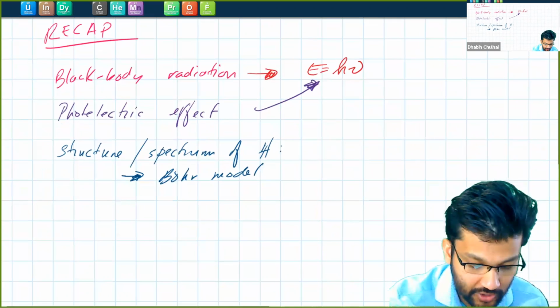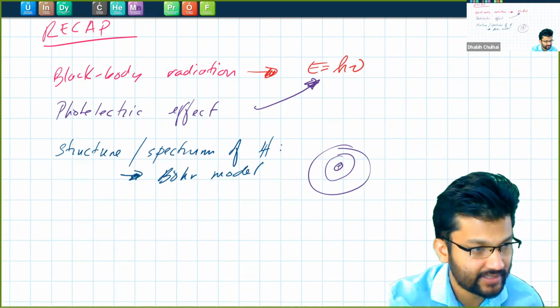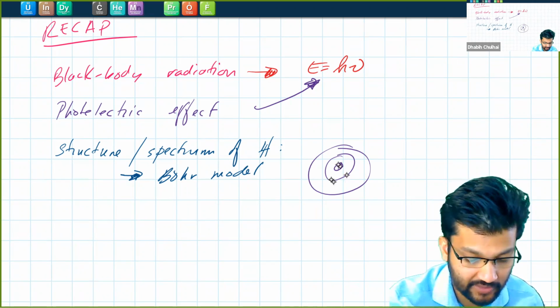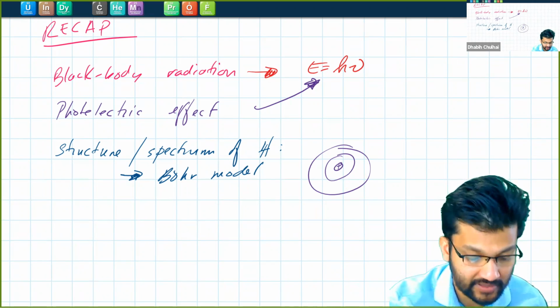Now, I should remind you that the Bohr model is a weird model of a solar-system-like atom, where the electrons are fixed in their orbits and can't move except when they absorb and emit a photon.